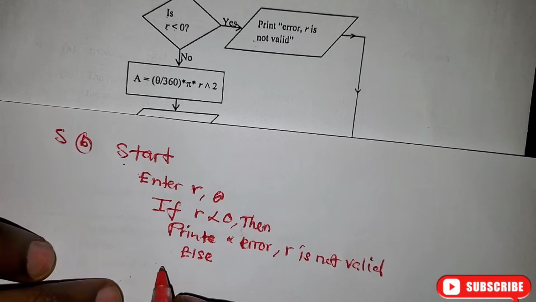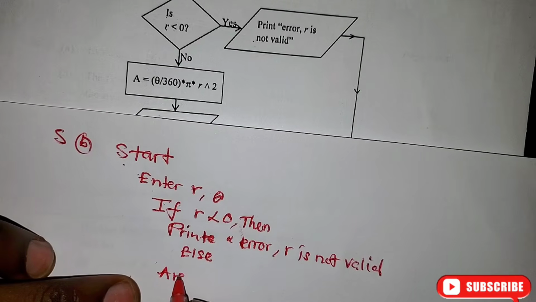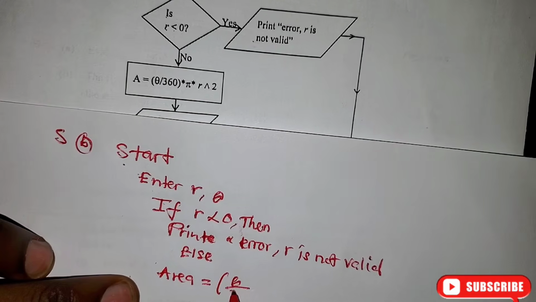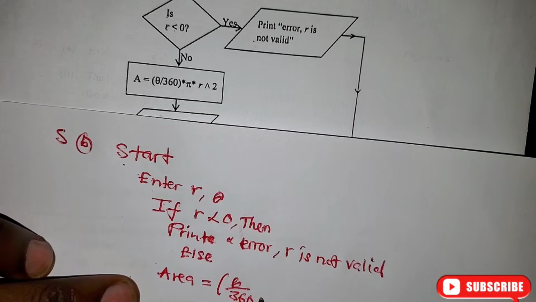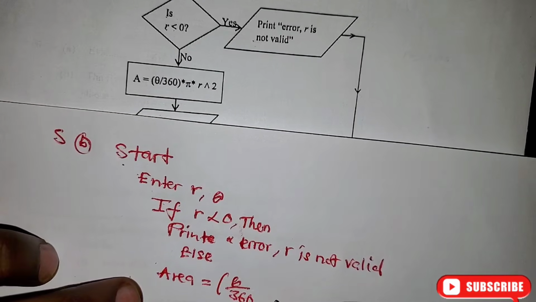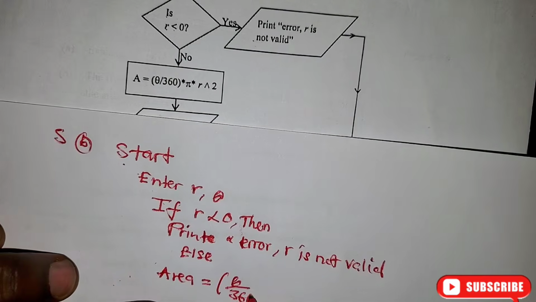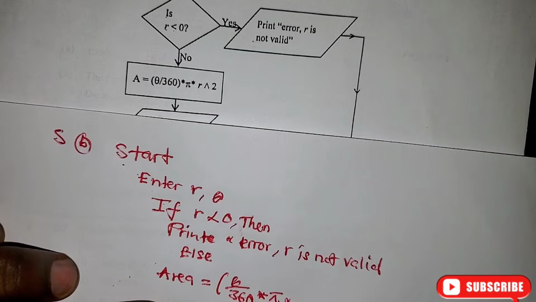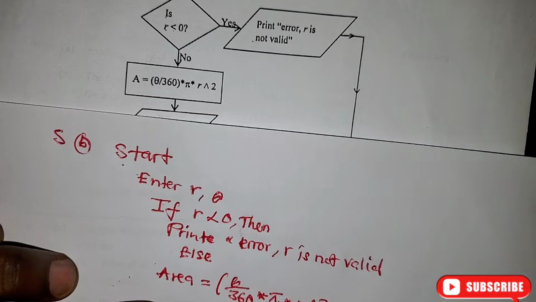Else area is equals to theta over 360, okay, over 360 multiplied by pi multiplied by, you know, you're using stars, r squared, okay. R squared, this means squared.